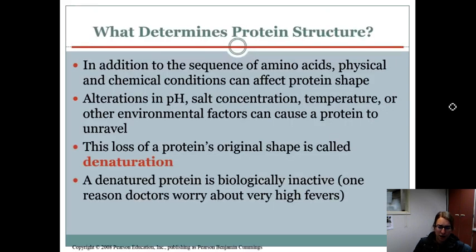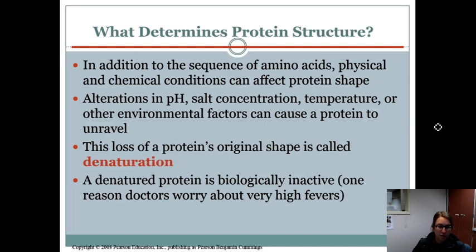So it turns out that even if your protein has all the right amino acids, you can sometimes mess up its shape due to something like changing the pH, changing the salt or ion concentrations, changing the temperature. All of those can potentially cause your protein shape to unravel, which we call denaturation.